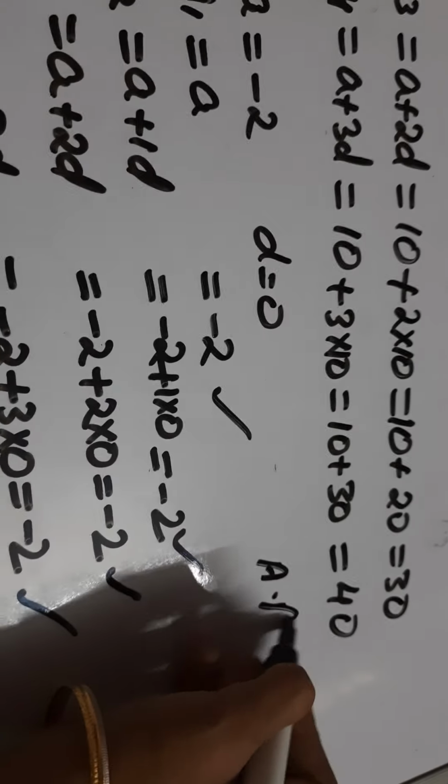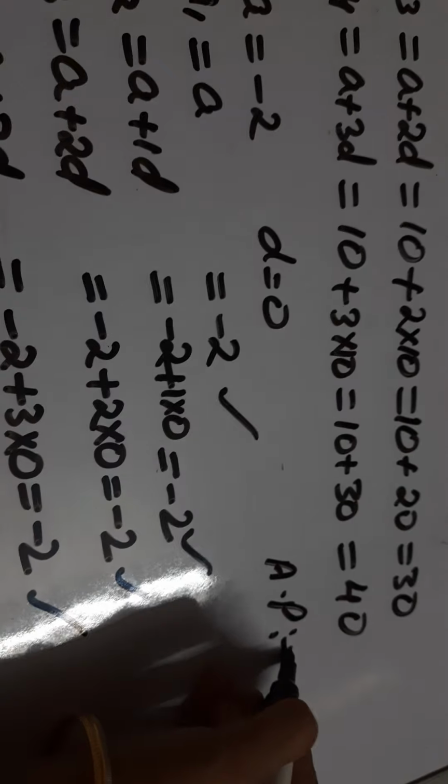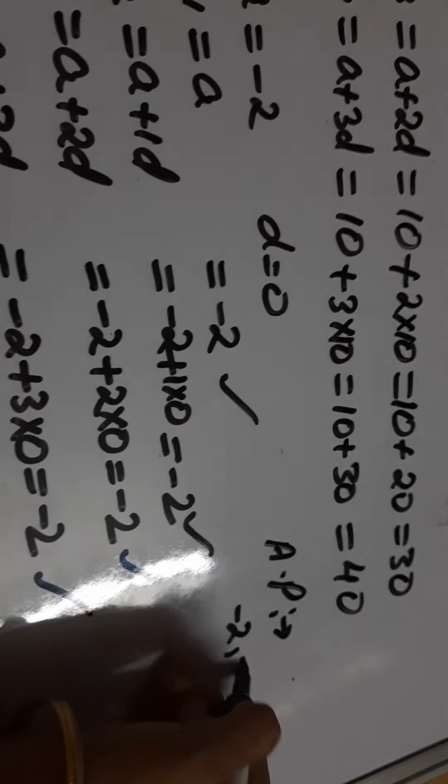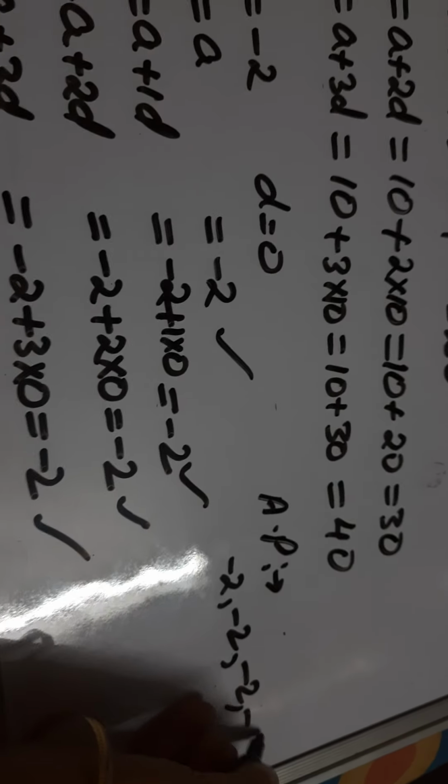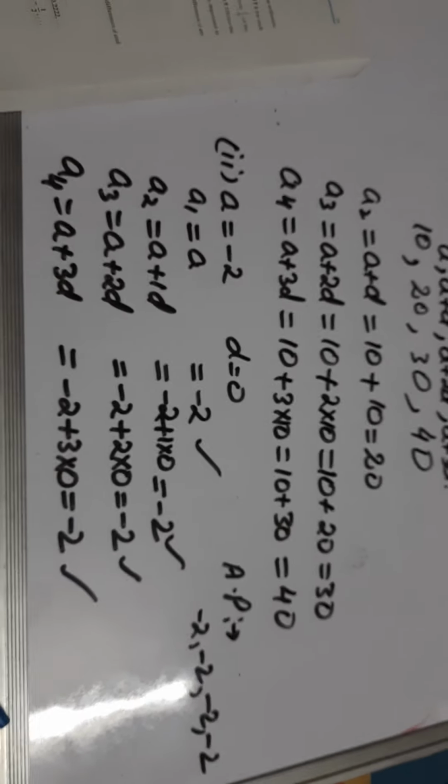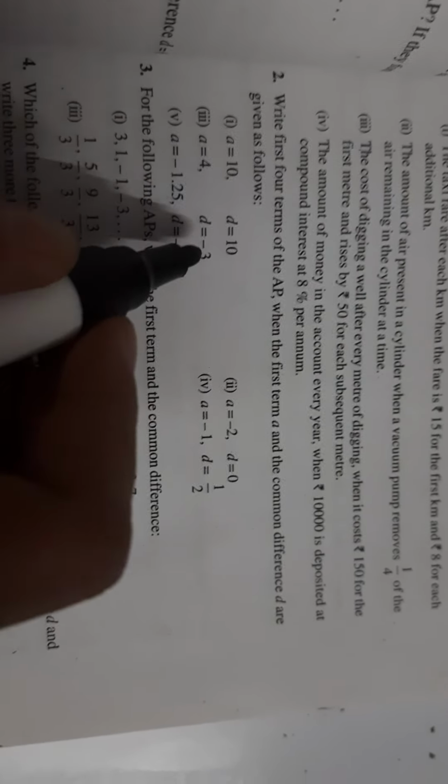Therefore we can write the AP as minus 2, minus 2, minus 2, minus 2. So in this way you can do this question. Try the remaining parts yourself. The question is very easy, but be very careful when d is negative and it is in fraction form.